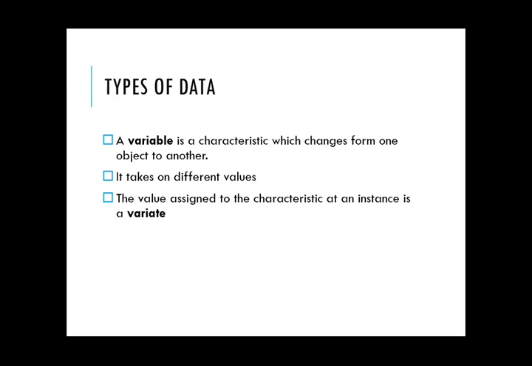A variable. Very good. Now, the response given to the variable is referred to as a variate. So when Amma tells me my favorite color is red, that response is referred to as a variate. Take note of that.